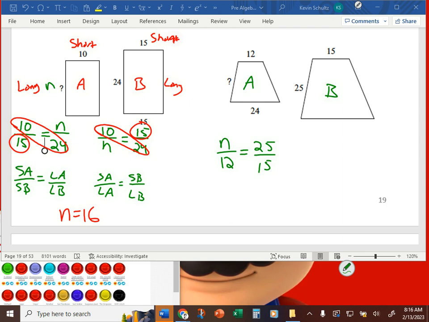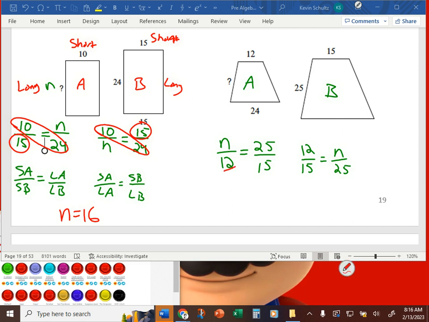Anyone set up a different one? Yeah. 12 over 15, and then n over 25. 12 over 15, n over 25, top of A over top of B, side of A over side of B. Perfect. And mathematically, can we see how this is going to be the same thing, right?